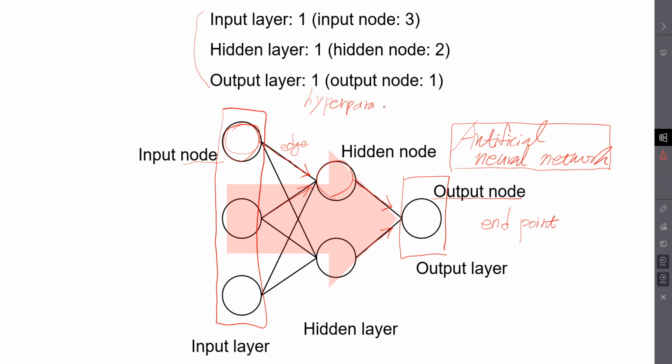because in this network, edge is actually having a value called weight, and this weight determines which information is important in prediction.